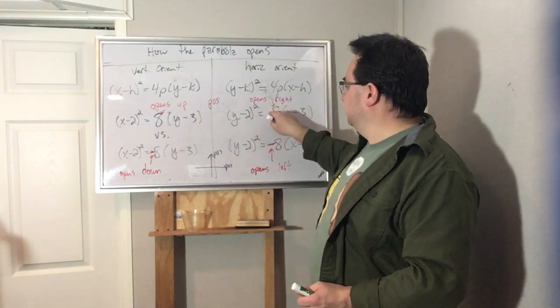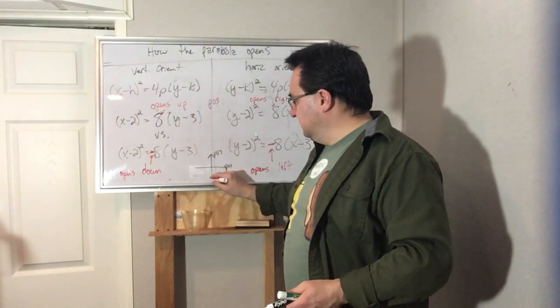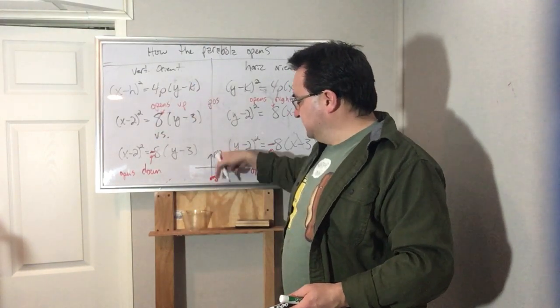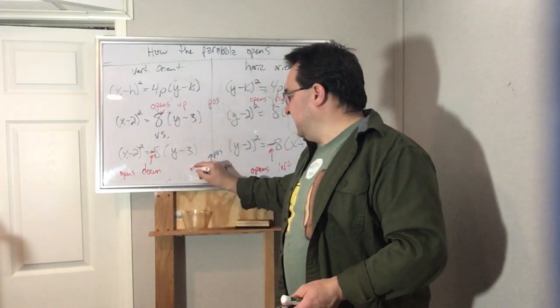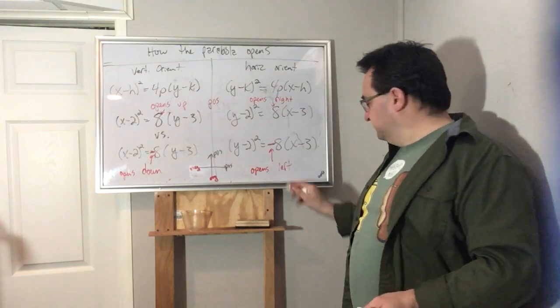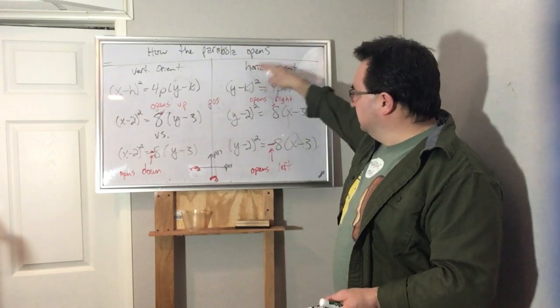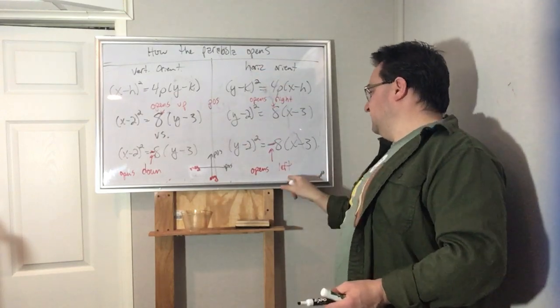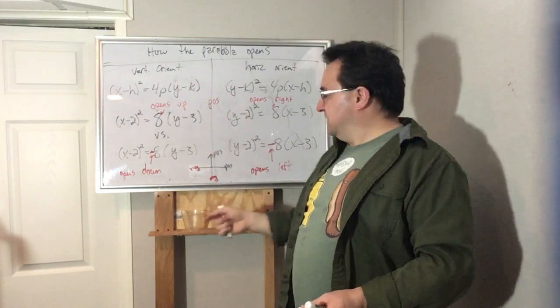So positive is right. Whereas if I'm talking about up and down, the y-axis, negatives are down. So if it's negative, it's down. And aren't negatives back here on the left on the x-axis? So a negative would open left. Right? So if it's horizontal, positive is right, negative is left. If it's vertical, positive is up, negative is down.